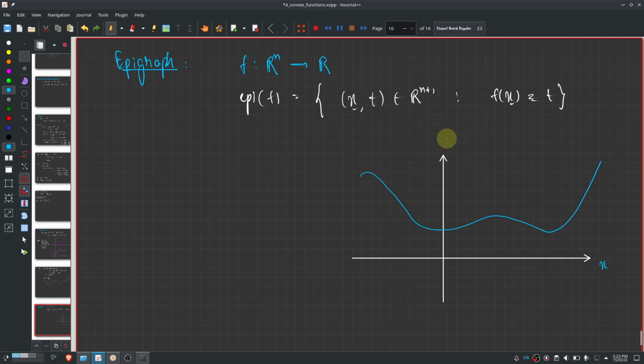This is my x, this is my f of x. So this is a function defined over the reals, but the epigraph is a set in R to the n plus 1, or in this case R2. But in general, what is the geometric description of the epigraph? Exactly, the area above the curve, right? It's the entire region above the curve.